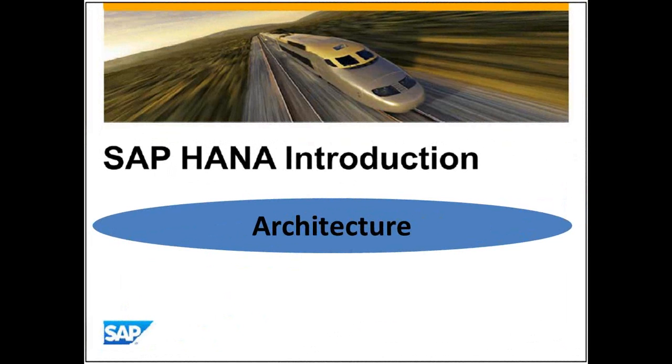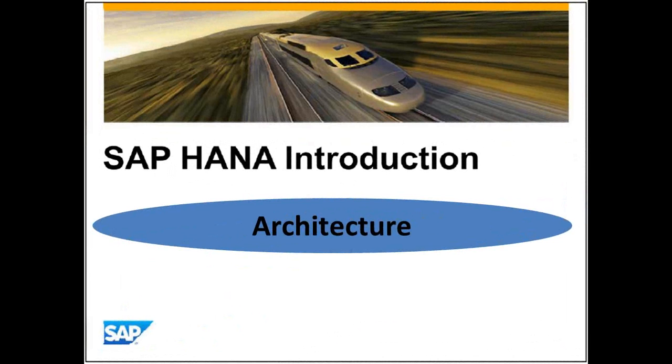Then we saw the different editions available to purchase HANA, the different hardware vendors that we have, and finally the different kinds of projects that you can work on in real time. There are 4 different kinds of projects that you can work on, which we have already discussed.